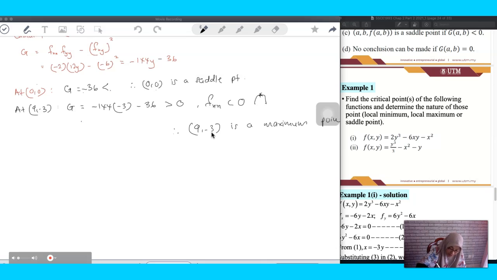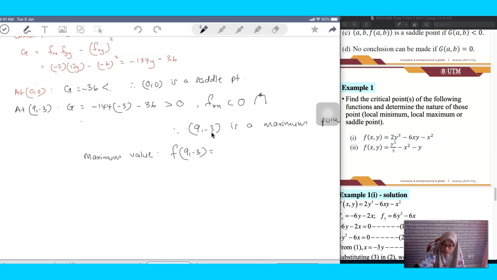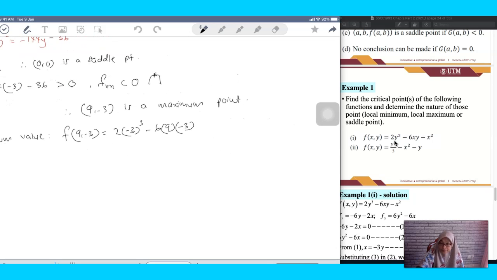To get the maximum value, if they ask for it, how to get that? You just substitute (9, -3) into your original function here. So you will get 2 times minus 3 cubed, minus 6 times 9 times minus 3, and then minus 9 squared.